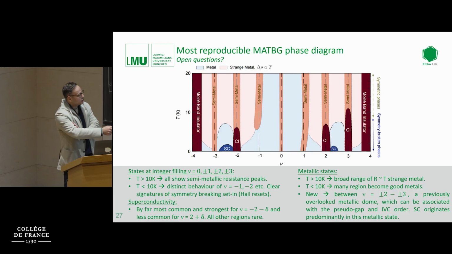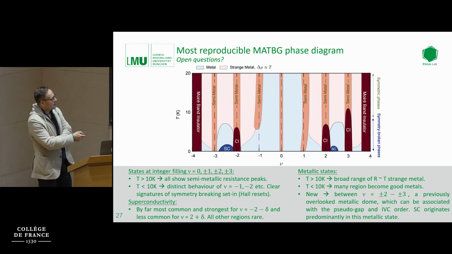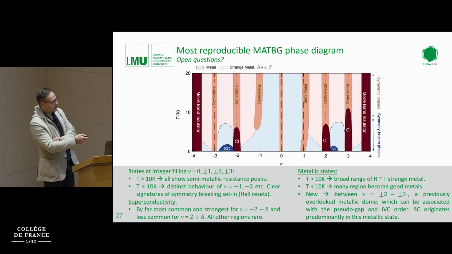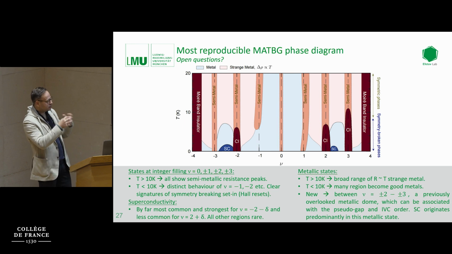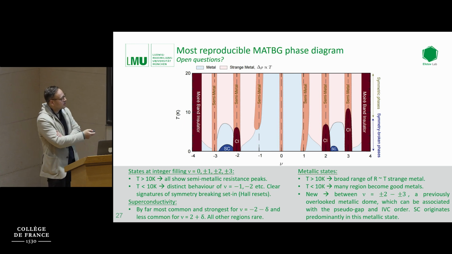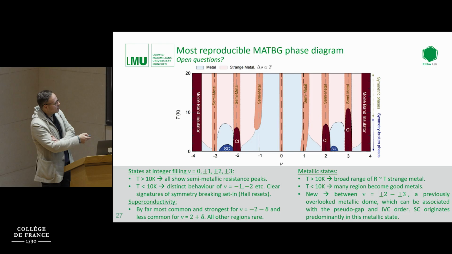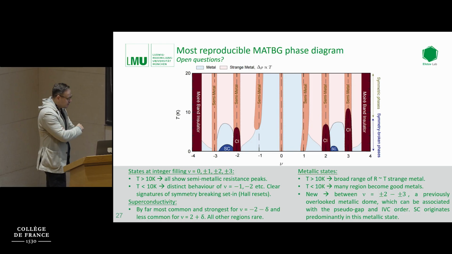And then at lower temperatures, these semi-metal states, I take them as the first parent state from which I try to understand all the different phases. So the metallic phases here, one can try to understand from them, but again, at low temperatures we have a lot of other things going on.